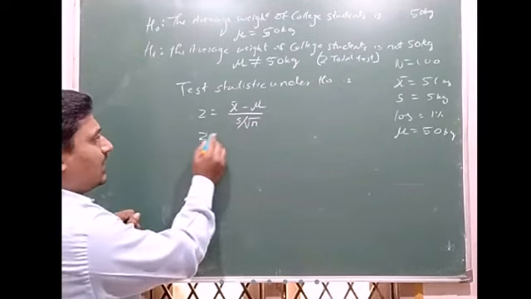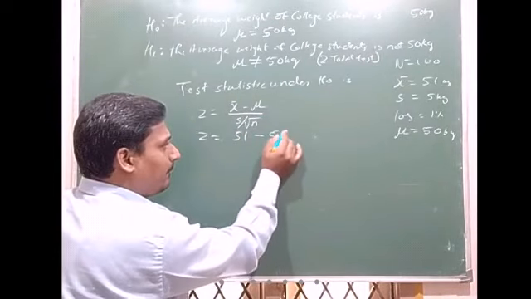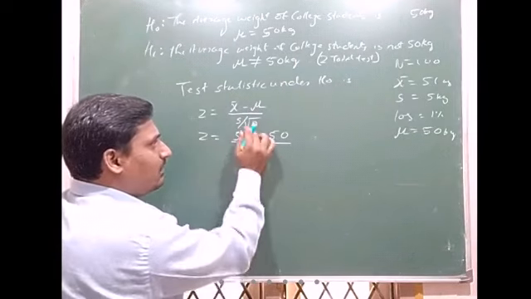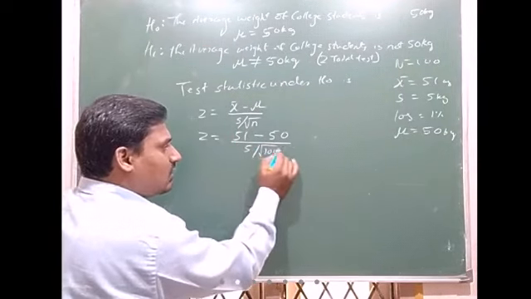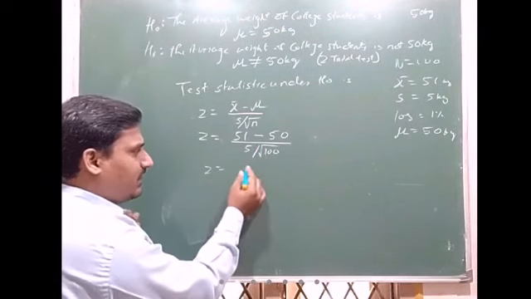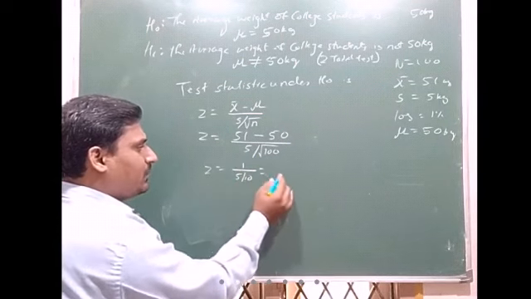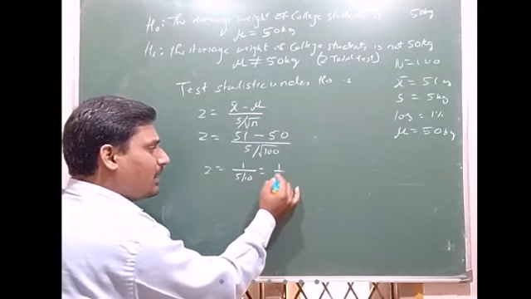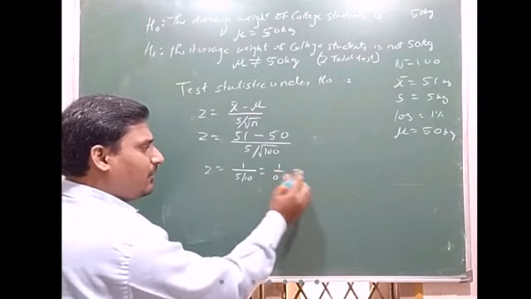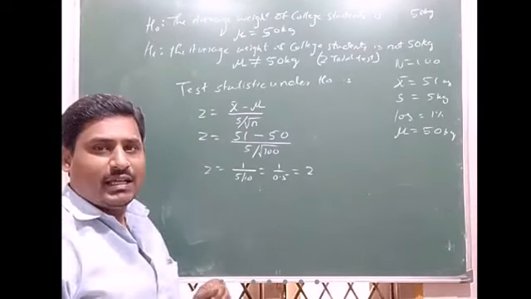So Z is equal to x bar, 51, minus 50, divided by S, 5, divided by root n, so root 100, and Z is equal to 51 minus 50, which is 1, divided by 5 divided by 10, which is 1 divided by 0.5. Now 1 divided by 0.5 is 2 exactly.